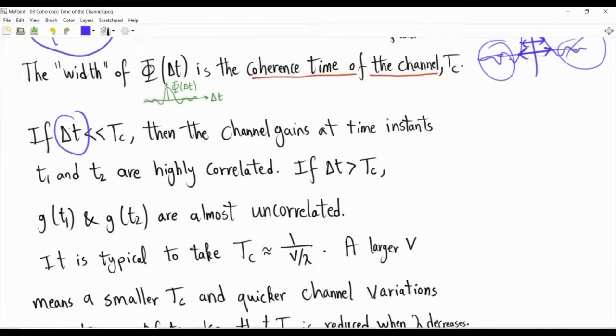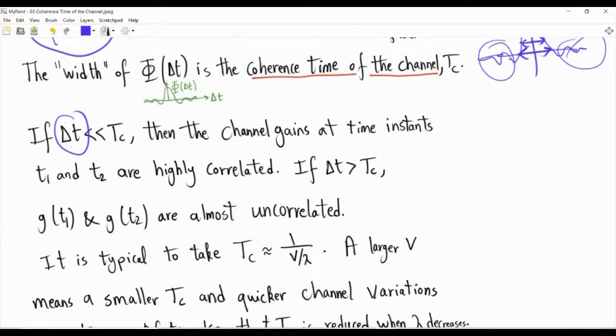So the time separation is much smaller than the coherence time of the channel. Then the channel gains at these two time instants will be highly correlated. In fact, we will idealize things and take them to be constant.